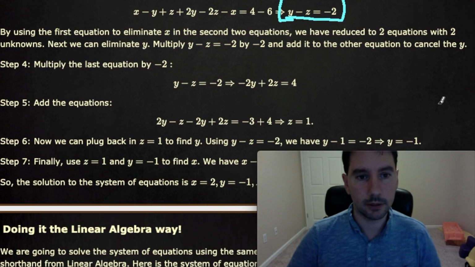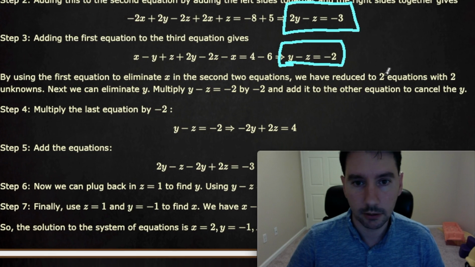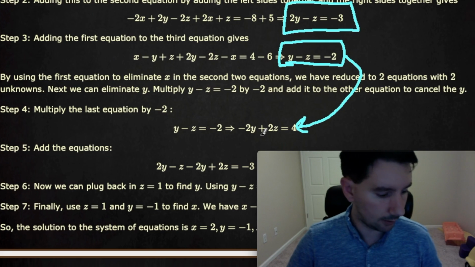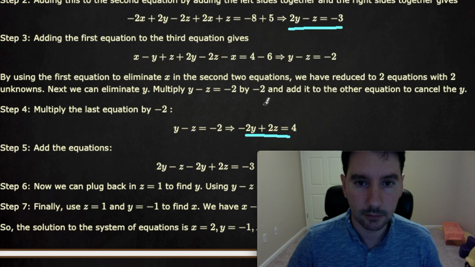Next, we're going to eliminate the y, and we're going to do that by multiplying the third equation by negative 2 and then adding them together. First we multiply this one by minus 2, and that gives us minus 2y plus 2z equals positive 4, and then we add this equation to cancel the two y's.